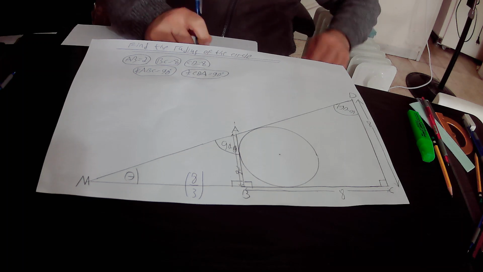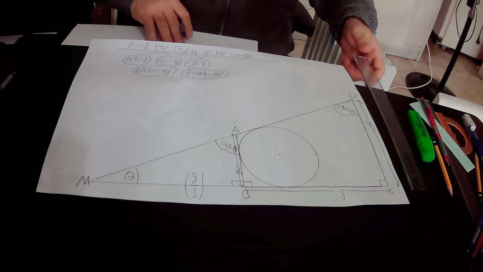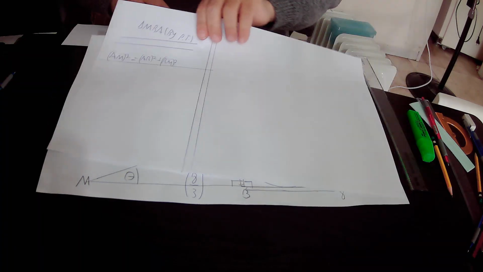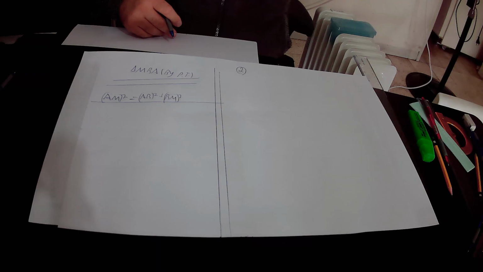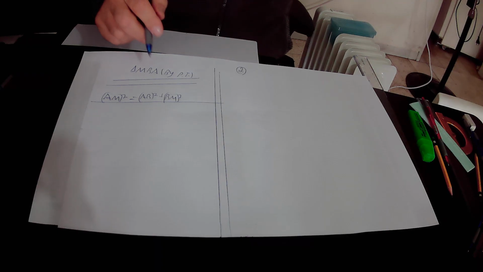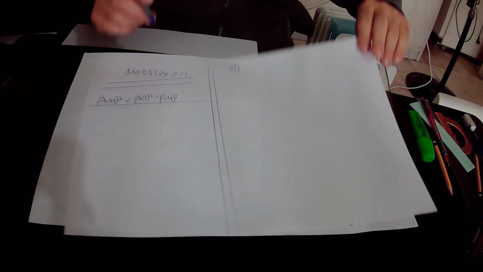In the right triangle MBA, according to the Pythagoras theorem, AM squared equals AB squared plus BM squared.